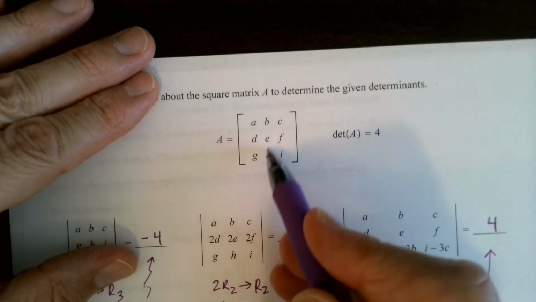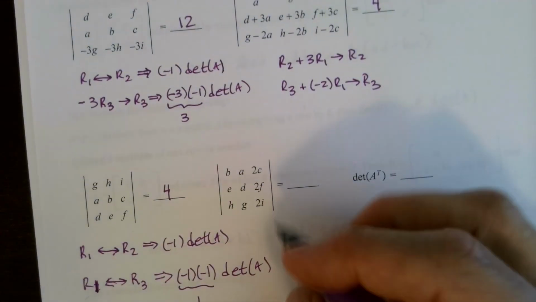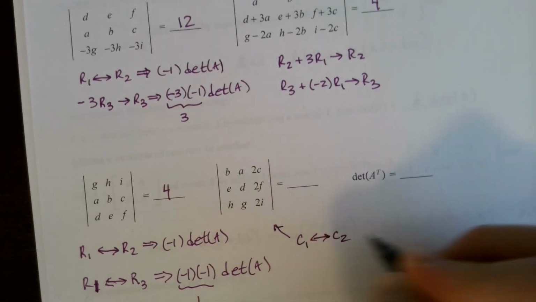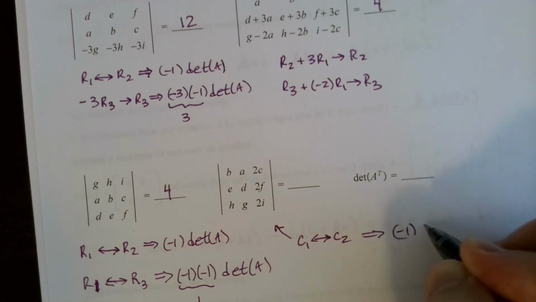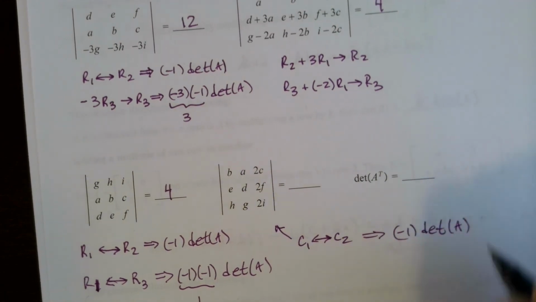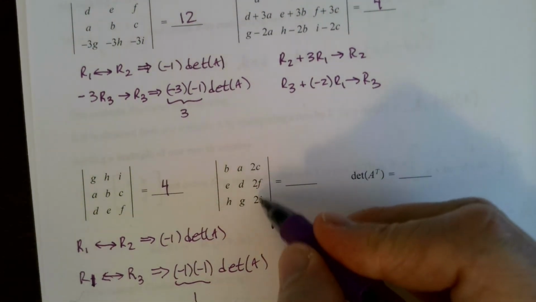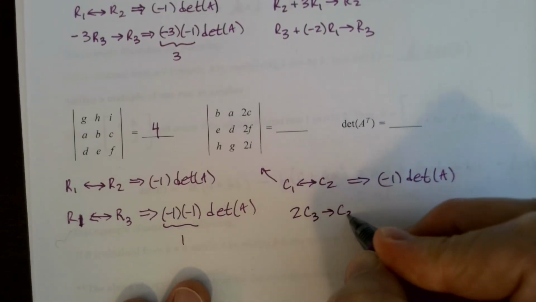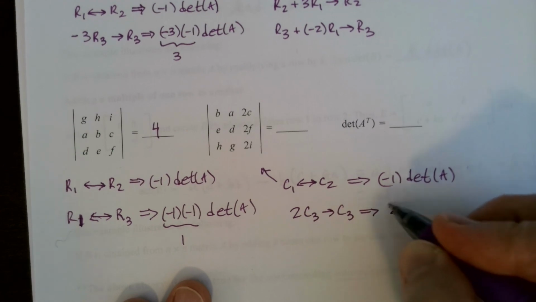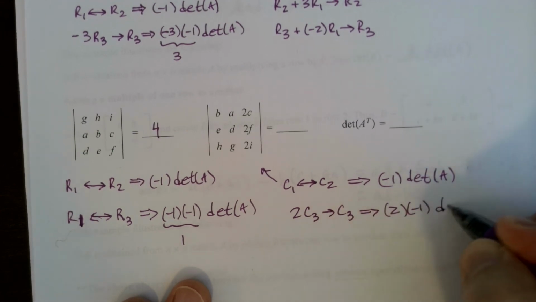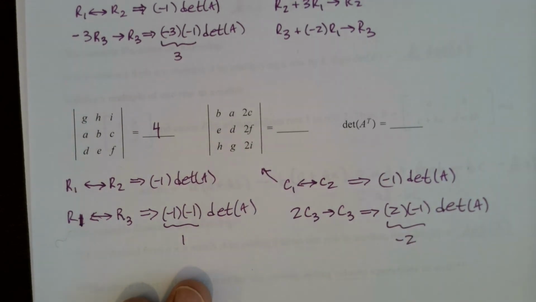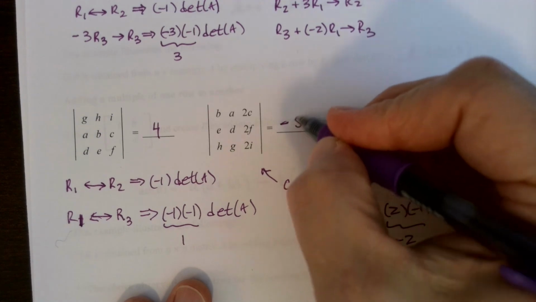So the first and second columns were swapped, which is negative 1 times the determinant of A. And then we did what? 2 times column 3. How does that affect things? 2 times, right? The determinant. So the net effect is negative 2 here. Negative 2 times the determinant of A, negative 2 times 4 is negative 8.